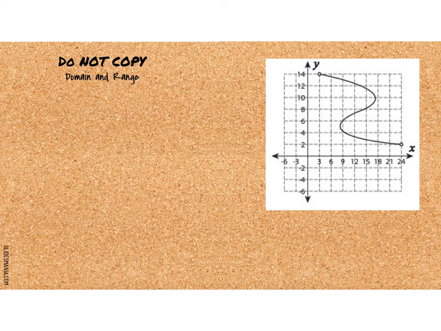Okay, one more. So domain, right, we go from 3 to 24. Again, in between we have our x.